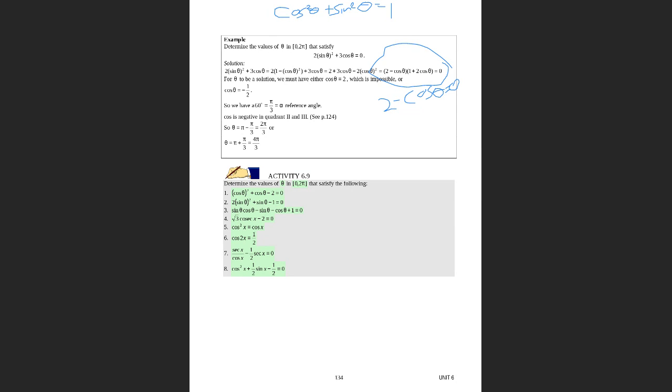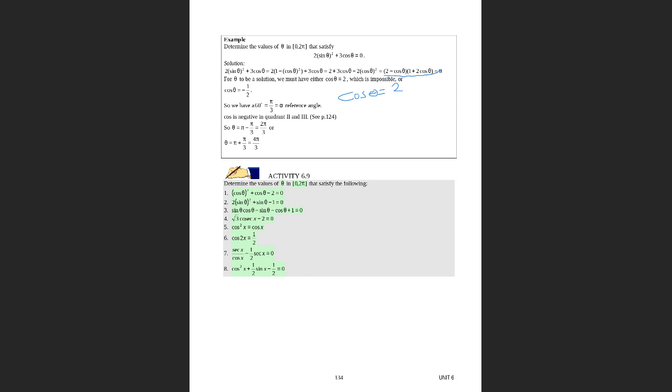When we factorize, we are going to have these two. The first one, from this factorization, we are going to have cos theta equals 2.